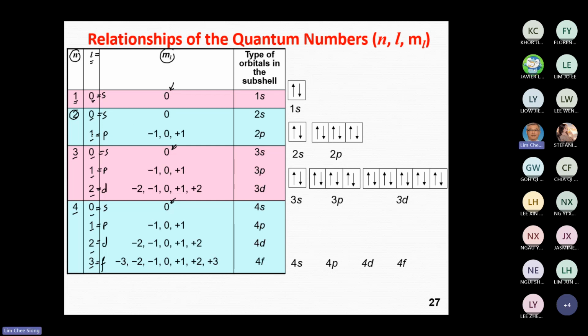However, if the L value is 1, then we get 3 orbitals. ML refers to the orbital. The orbitals can be obtained as 0, -1, and +1.